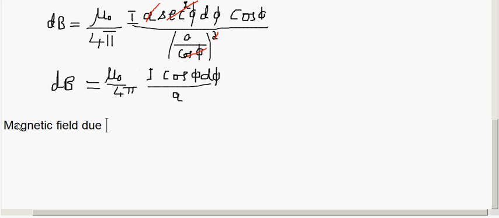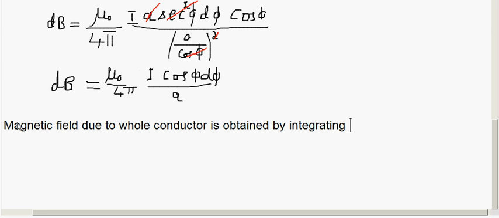due to the whole conductor is obtained by integrating the above equation from minus phi 1 to plus phi 2.